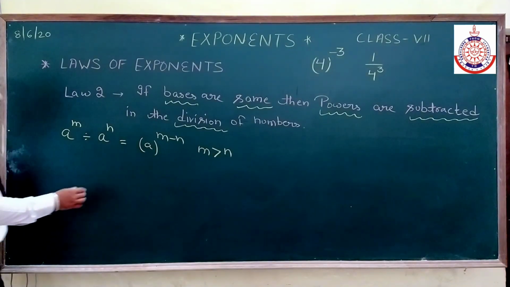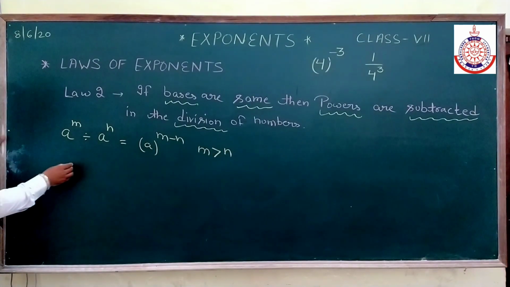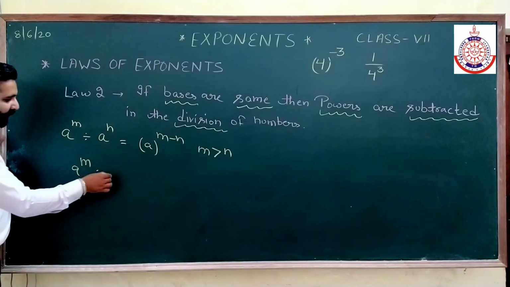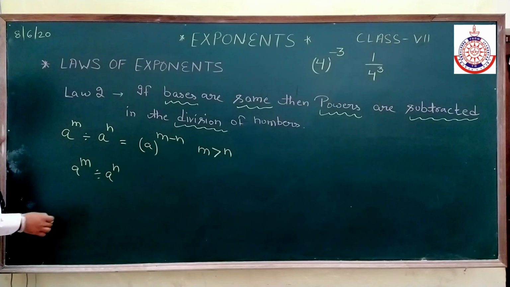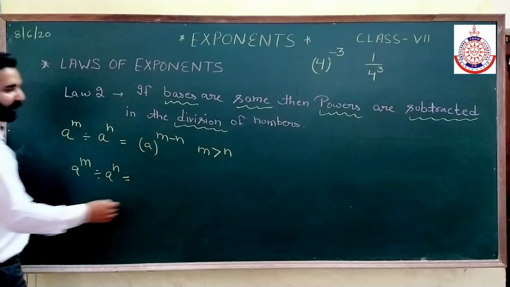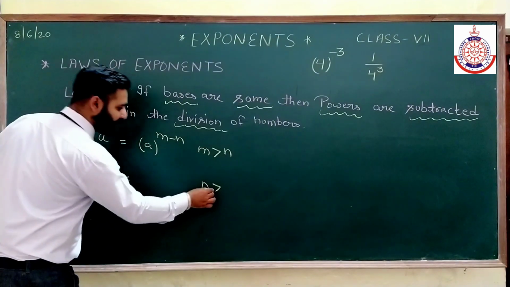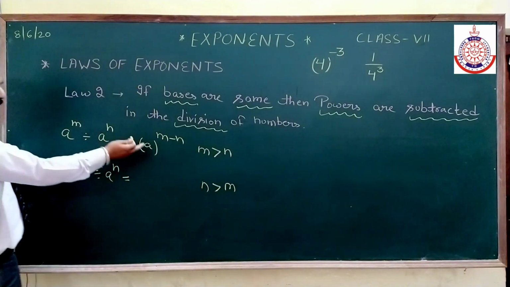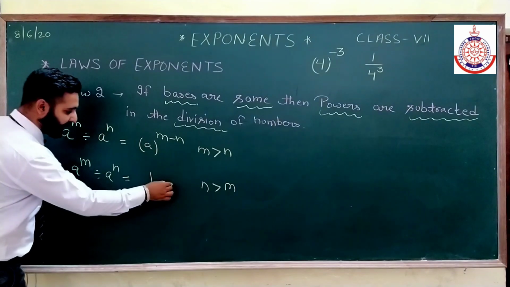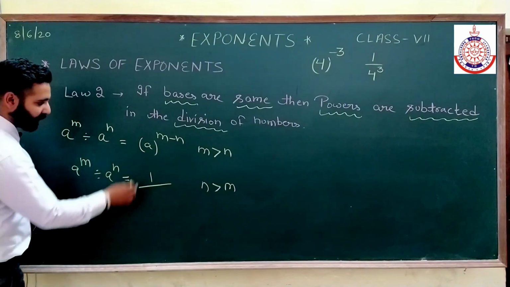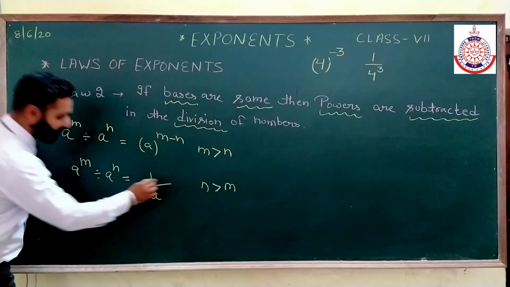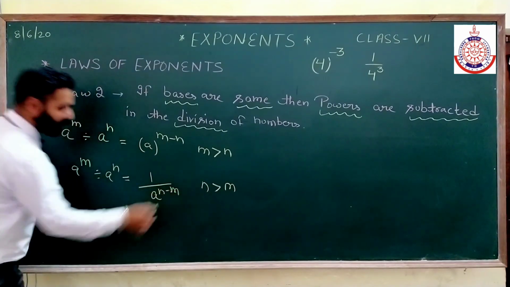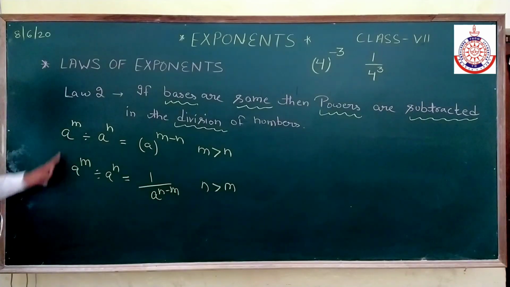If n is greater than m, means the same question, a raised to power m divided by a raised to power n, and n is greater than m. Then you can write it like this: 1 upon, means reciprocal of a, 1 upon a raised to power n minus m. I hope it is clear.